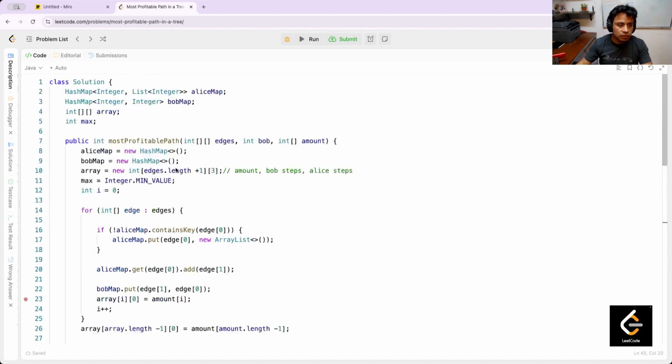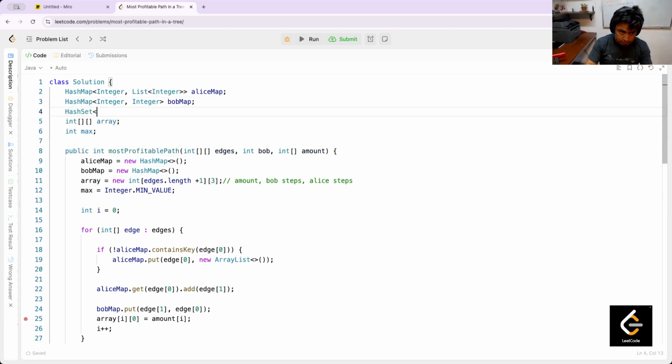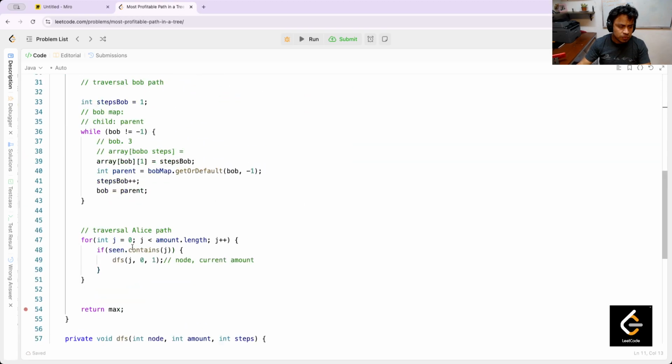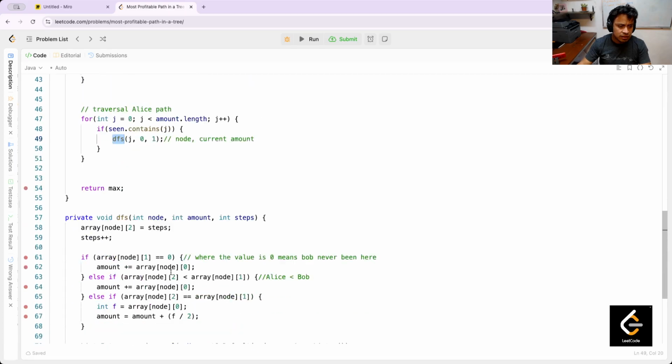Now, before doing it, in this case it is a hash set, bigger seen, and the seen is equal to new hash set. Done. Now it's here, node.